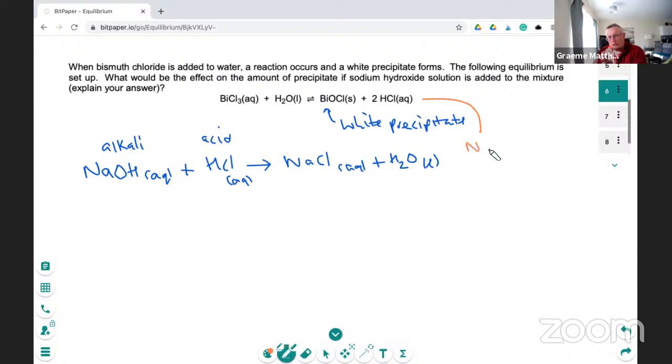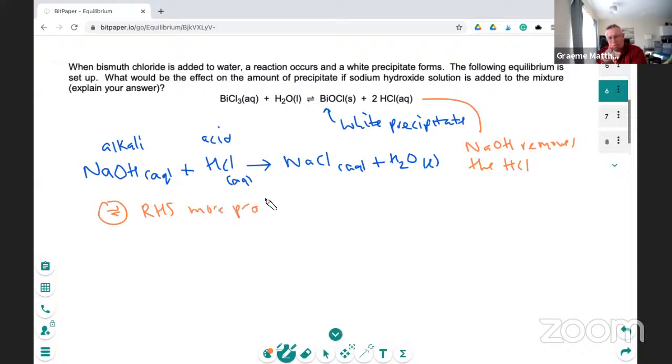So my sodium hydroxide effectively removes, because it reacts with it, and the sodium chloride is not present in the system here, removes the HCl toward the side you take away from. So therefore, I'm going to say my equilibrium position moves to the right-hand side, which means I make more product.